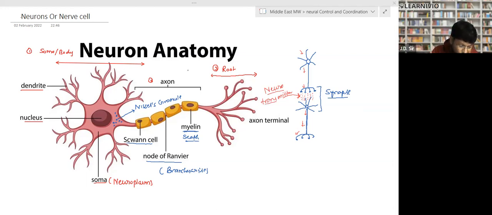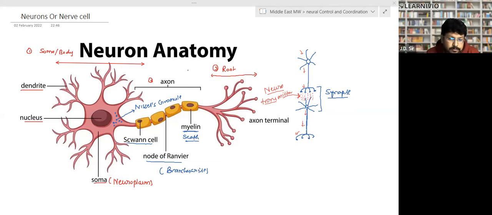So let's start writing now. First point, the heading is neuron or nerve cell. Hope you must have drawn it. This is the structural and functional unit of neural tissue.